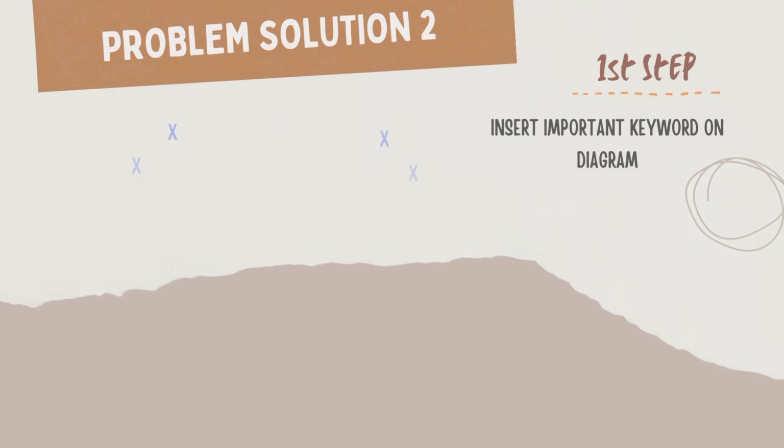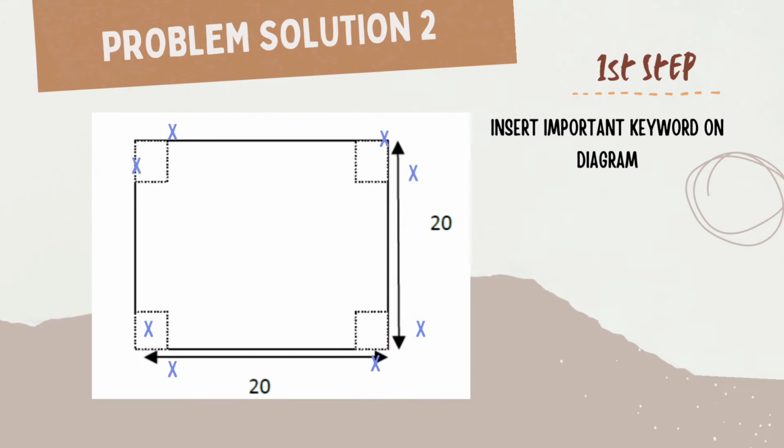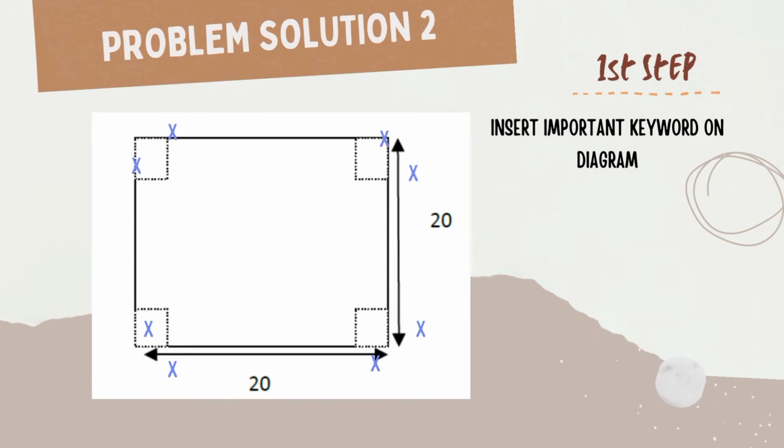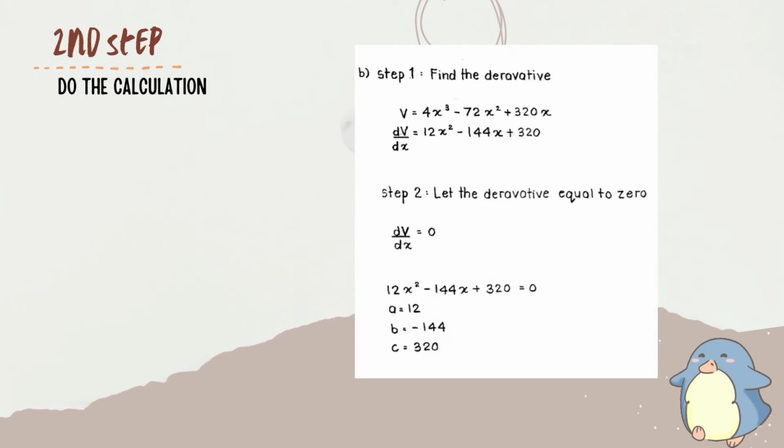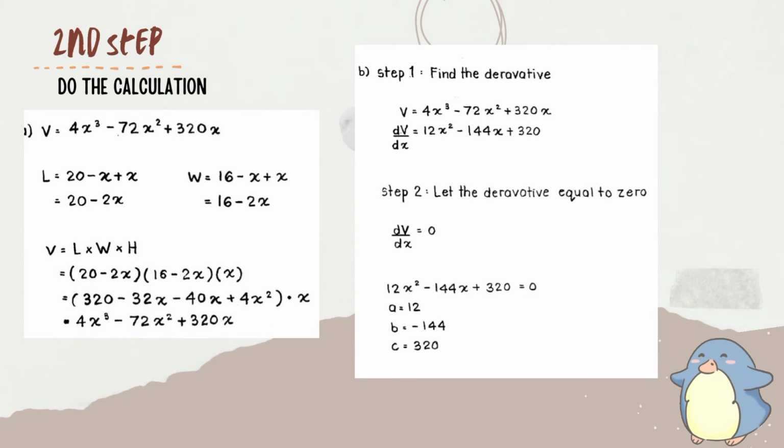Problem solution 2. First step, we need to insert important keywords on the diagram. We can label x at each of the corners where the sides of the paper are folded up to form the box, and it's actually the height of the box. Second step, do the calculation. For question A, we need to confirm if the volume of the box is equal to 4x cubed minus 72x squared plus 320x or not.